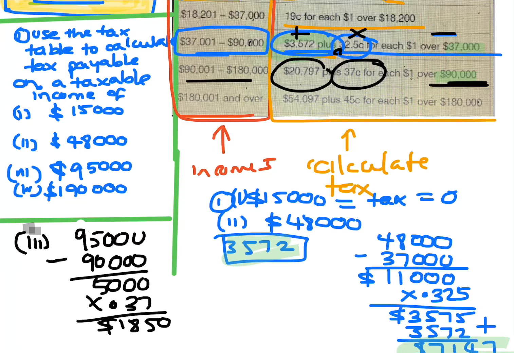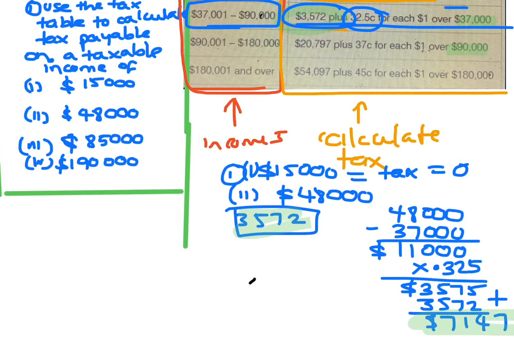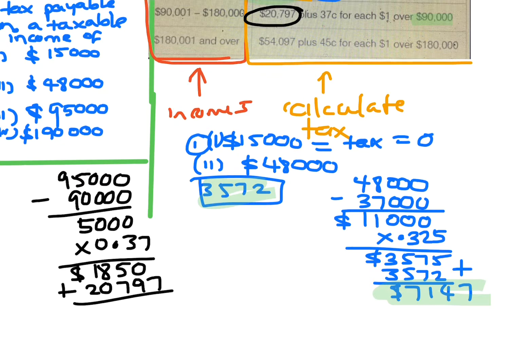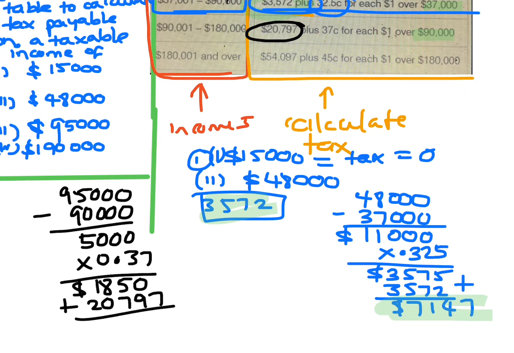And then finally, you're going to add on the first amount, which is $20,797. So when you add that on, in tax you'll pay $22,647. So basically you minus the last amount, times the second amount, and then add on the final amount, because you see how it says plus. And the part you times the 37, you've got to times by 0.37 when you do that one.